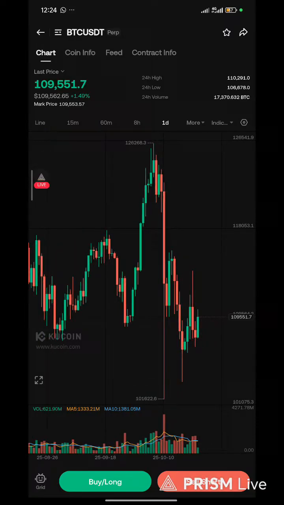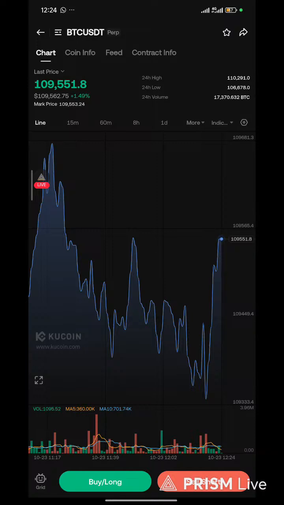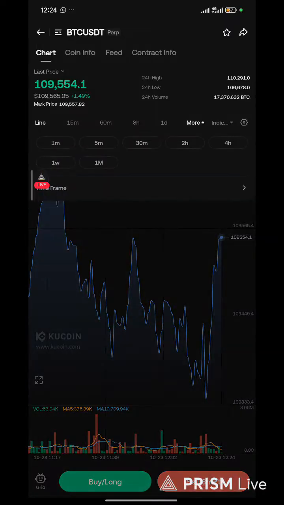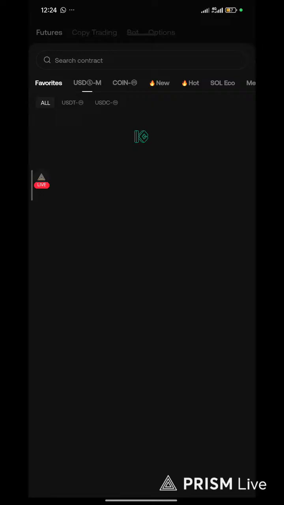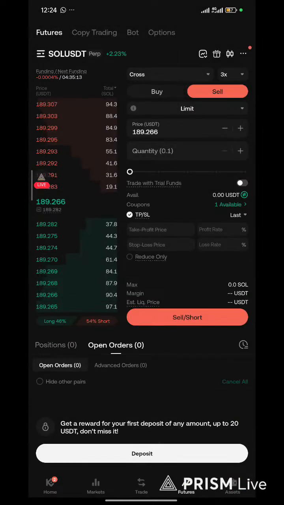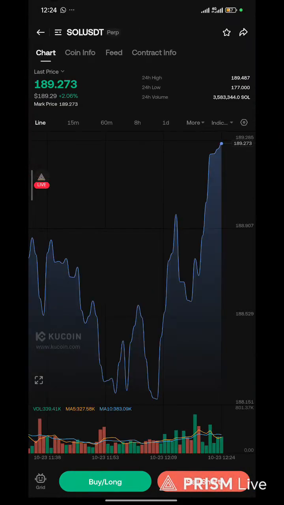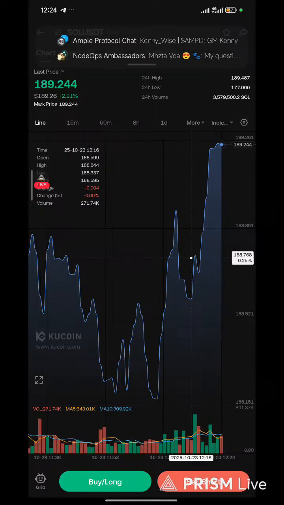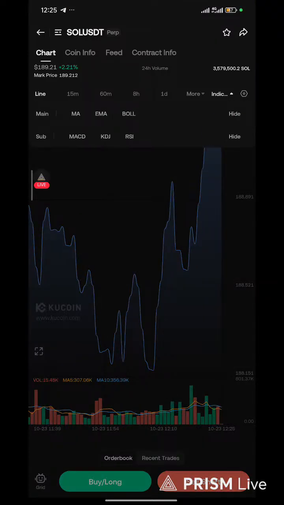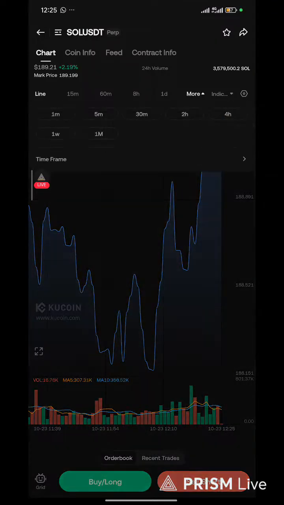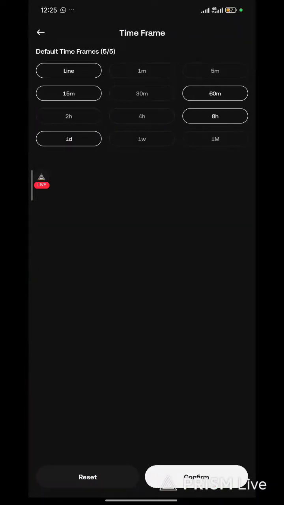Now in trading, this is the time frame. You can decide to add the time frame you want.